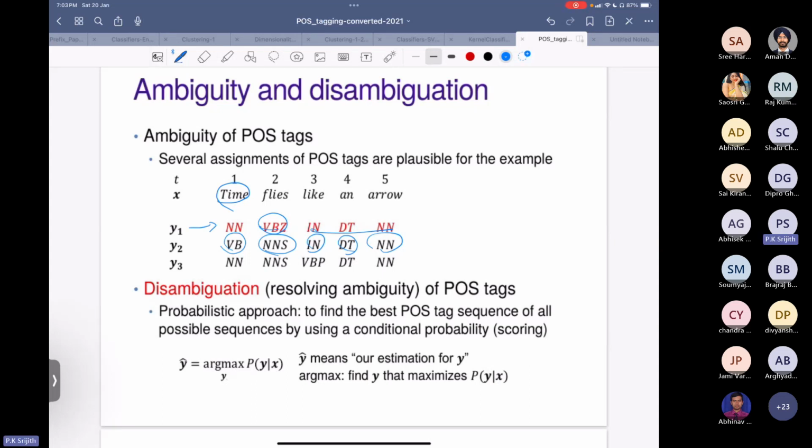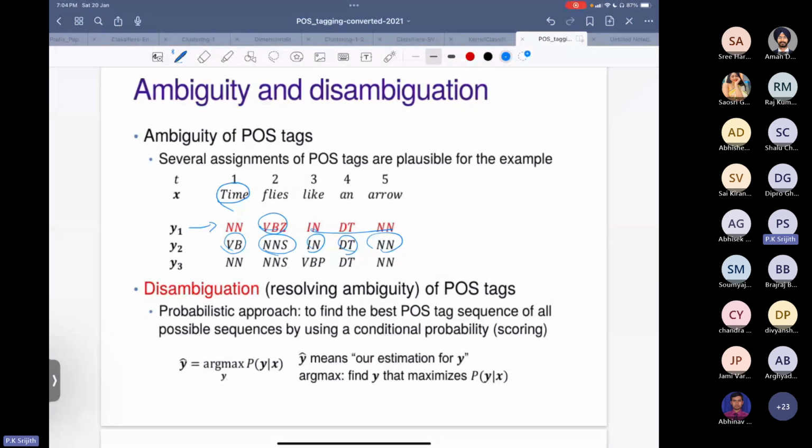What we are trying to do is something similar to what we studied in the case of a Bayesian classifier, right? Or more specifically, not the neighbors, but a Bayesian classifier.